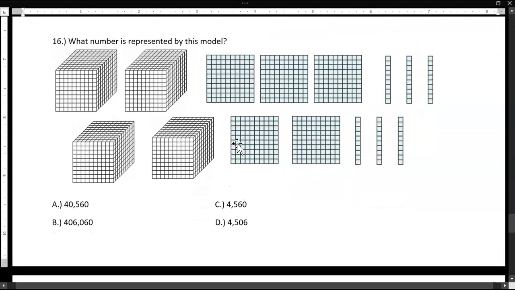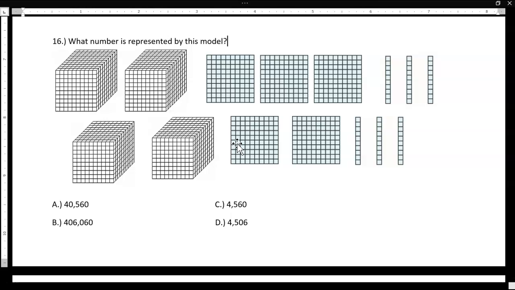Yes, let's go to 16. You haven't seen these in a while, have you? Now, the cube. How much is the cube worth? So I'm going to label them 1,000. Okay?